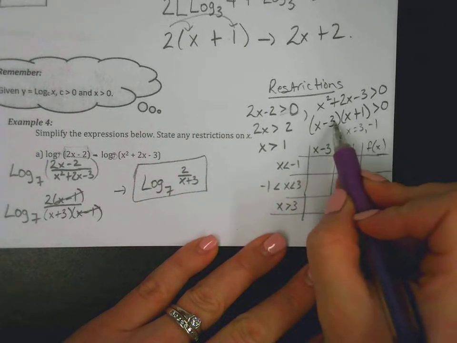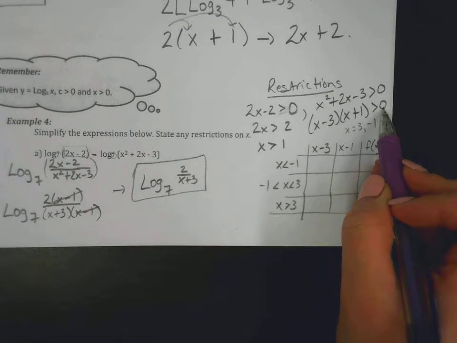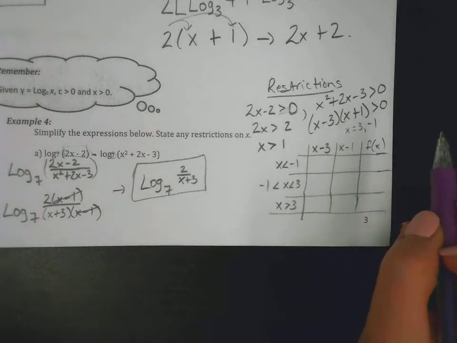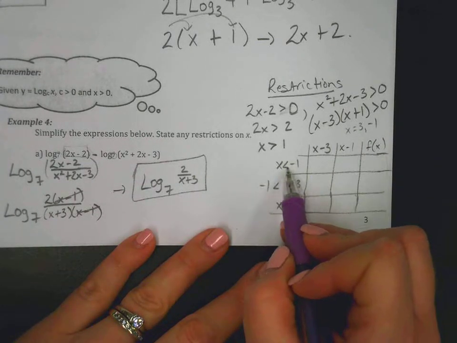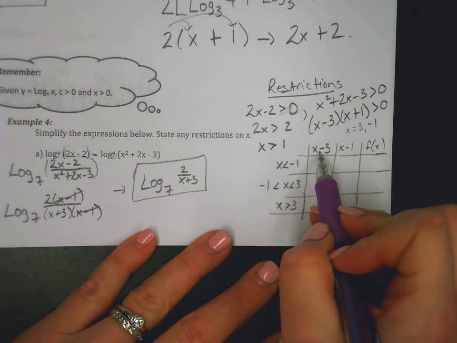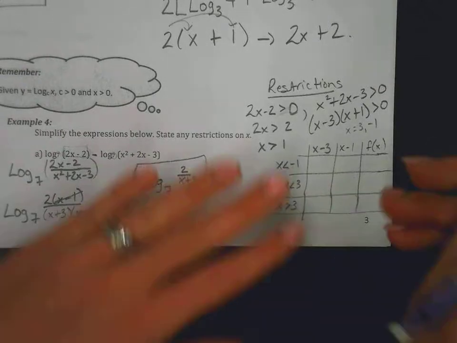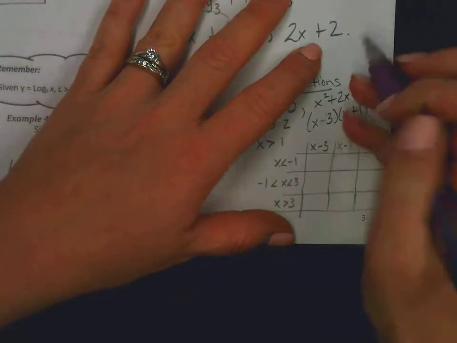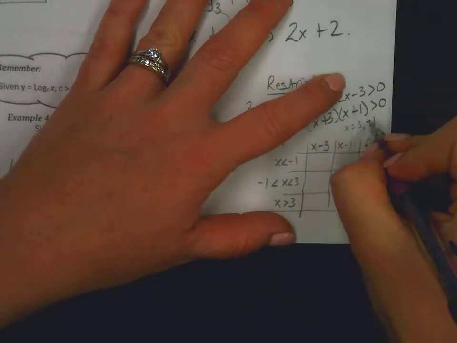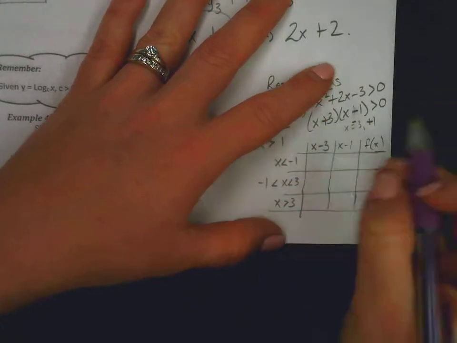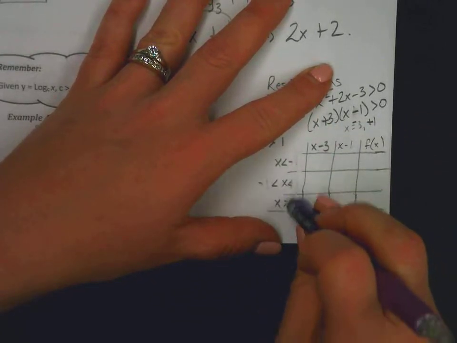If the function is positive, then those would be the values that we'd want for x, and anything other would not. Oh sorry, I factored this wrong. There should be a plus 3 and a negative 1. This should be a plus 1 and a negative 3. So let me just change this up quickly, sorry.